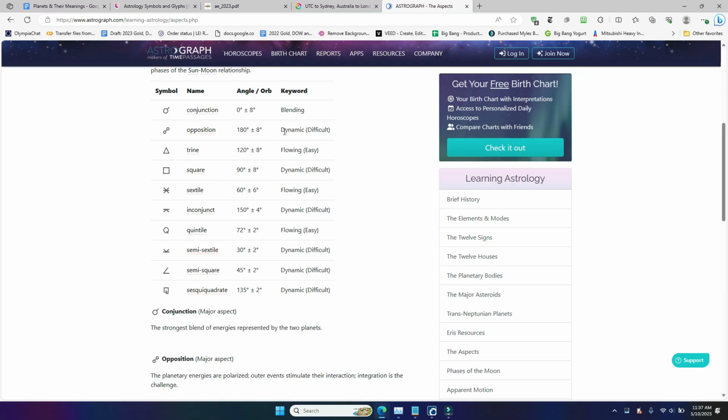Now, when you look at it from an astro perspective, because I said there were 2 ways to look at it, you've got your easy and your hard aspects. Your easy aspects are things that occur in trines, and you've got 30, 60, 90, and so forth. Now we had the 30-degree semi-sextile here as a difficult aspect.